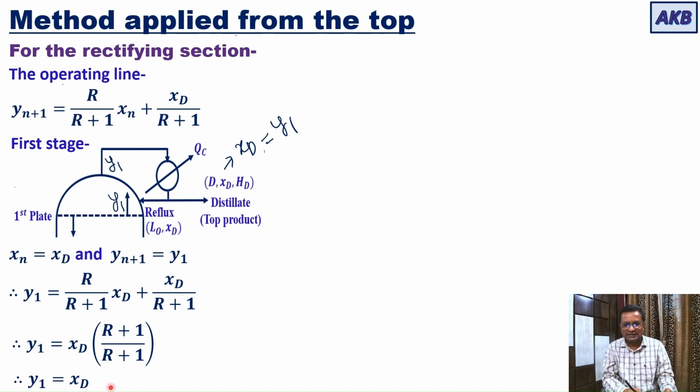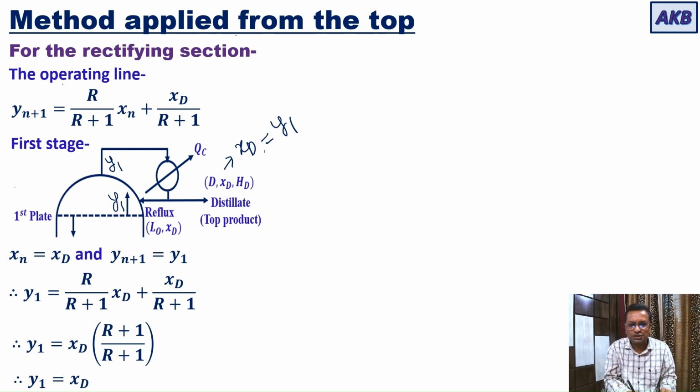With this understanding, the calculations for the first stage will be completed when you know the values of Y1 and X1. Let me show it on the diagram itself. You have the first stage.